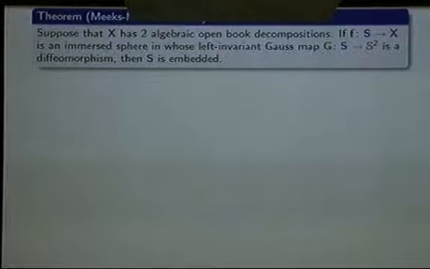Why is this useful? Why am I talking about this in respect to constant mean curvature surfaces? It turns out, I'll put in quotes, that every constant mean curvature two-sphere in a simply connected Lie group with a left invariant metric has the property that its Gauss map is a diffeomorphism.